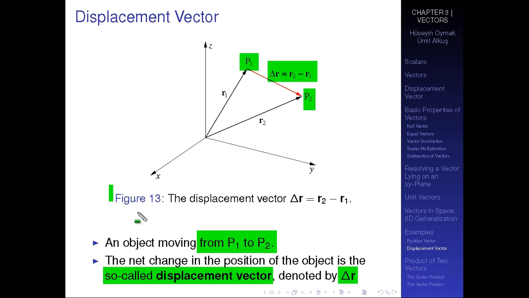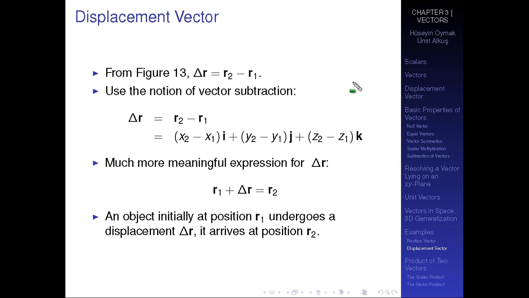It follows from this figure that delta R is nothing but the subtraction of two vectors, that is, R2 minus R1.